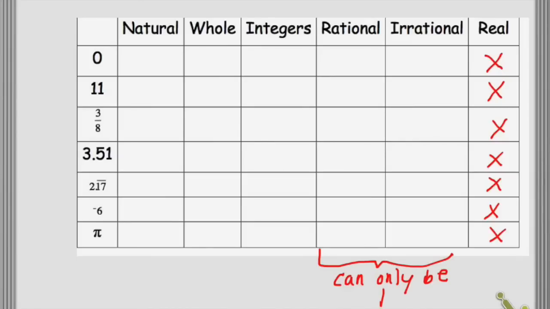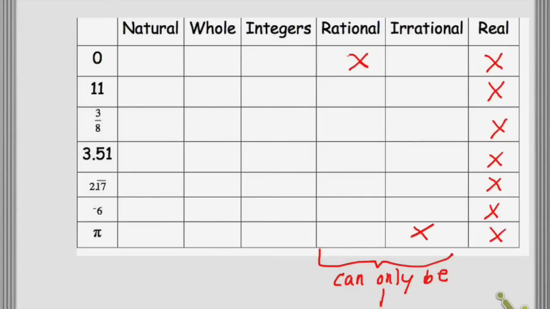Between rational and irrational. So as we look at our choices, pi is an irrational number. And the other values are rational. We have 0 is a rational number.